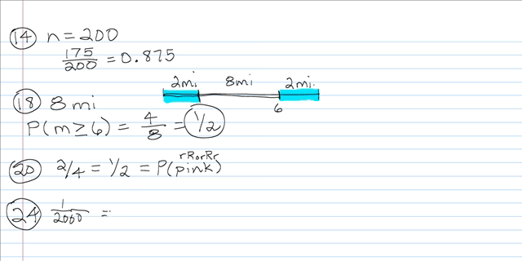All right, and we want to write that as a decimal to 4 decimal places. So 1 divided by 2,000, we get 0.0005. My calculator says 5e negative 4.